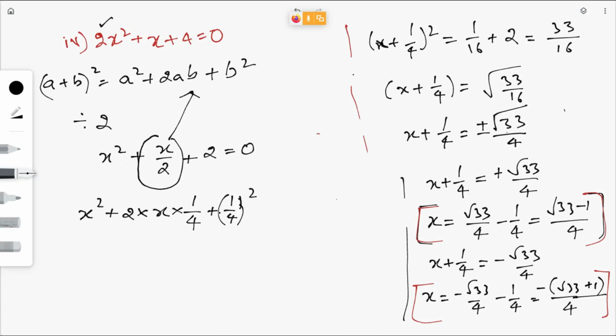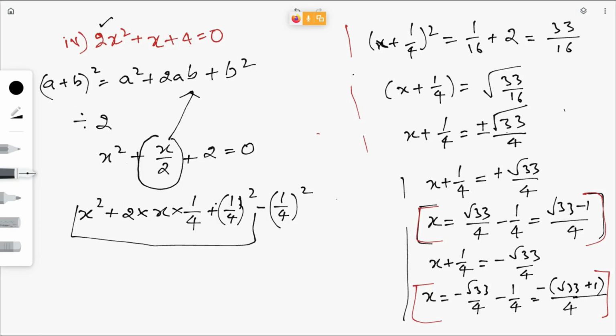See here. So after this 1 by 4 whole square, now I have to balance, because this is my extra term here. 1 by 4 whole square is my extra term. So what I will do? I will subtract this one here. 1 by 4 plus 1 by 4 whole square will go with this formula.